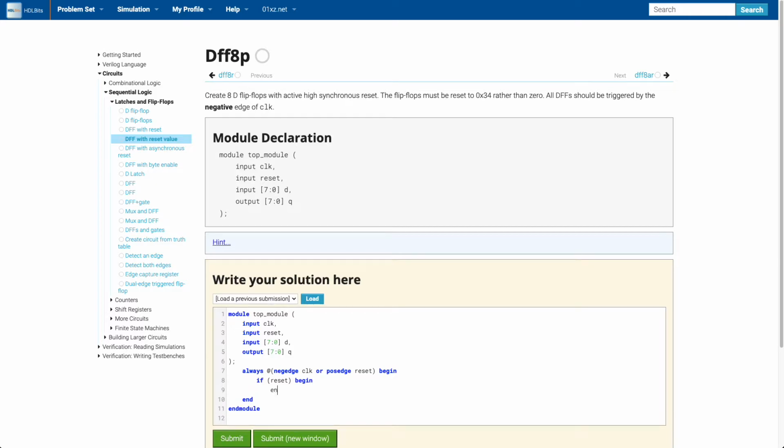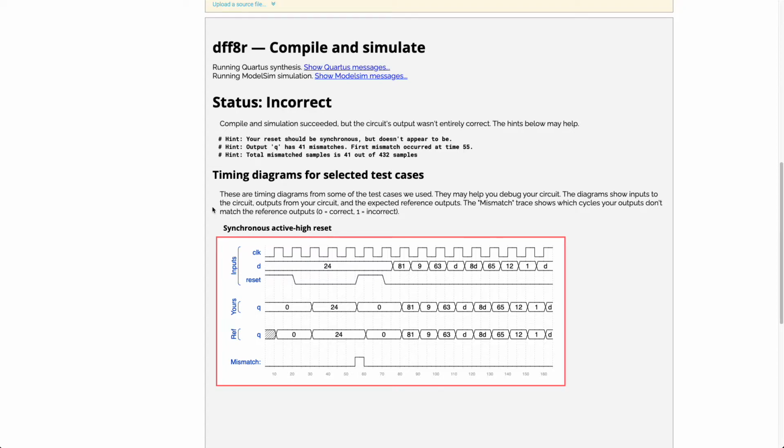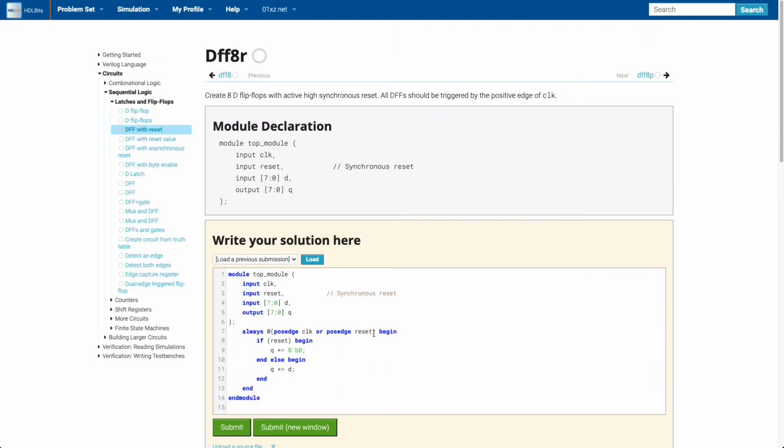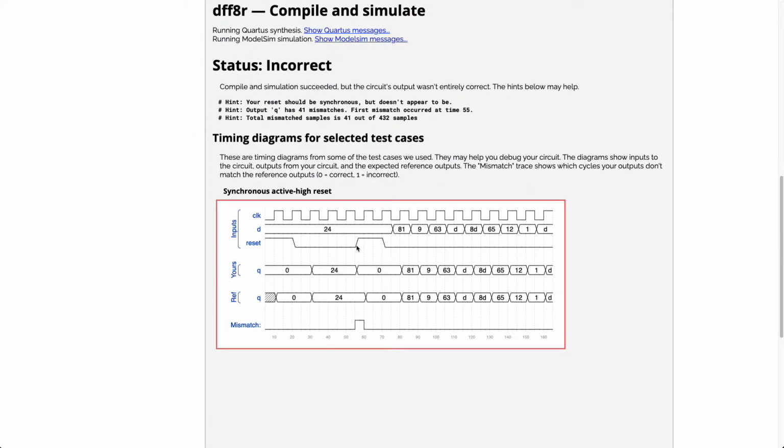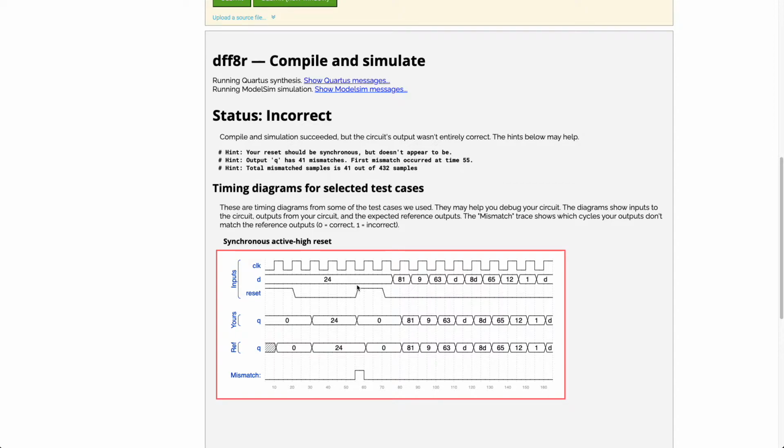So if reset, posedge clock or posedge reset. Posedge clock, posedge reset.